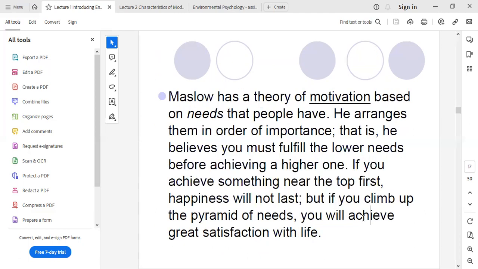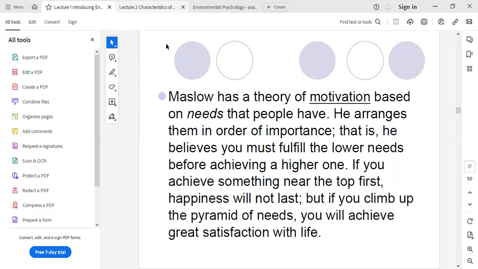Maslow's theory of motivation is based on the needs that people have.